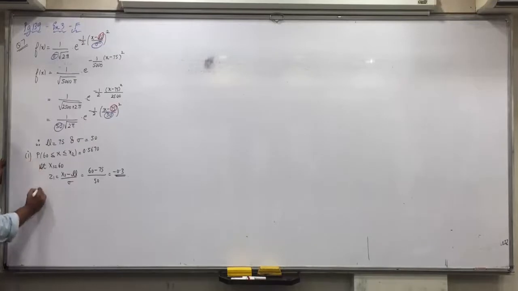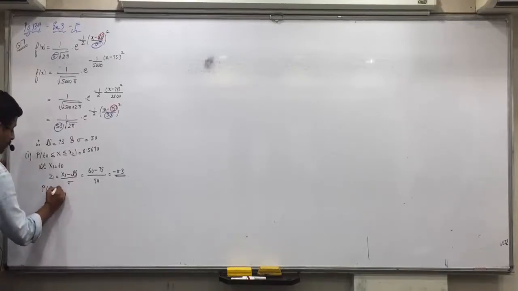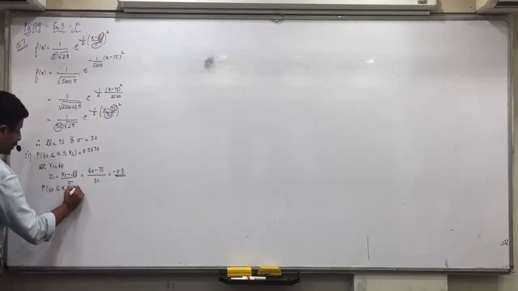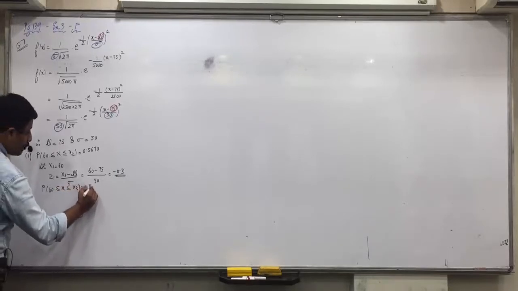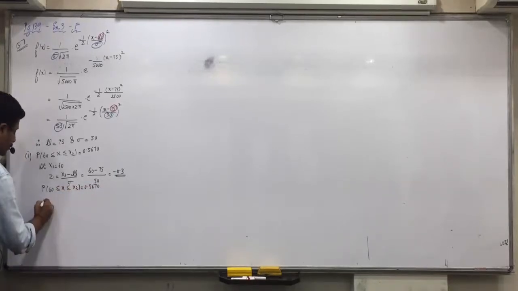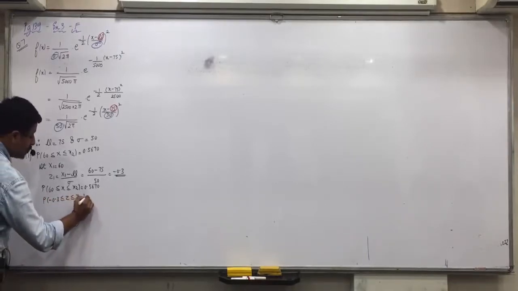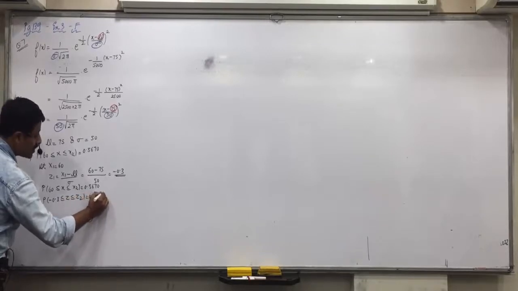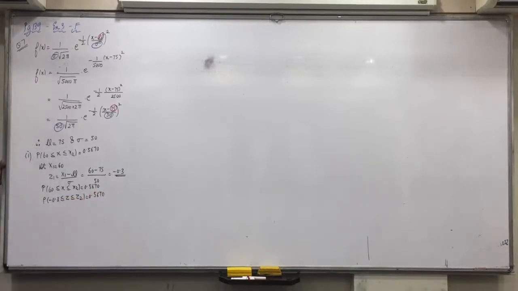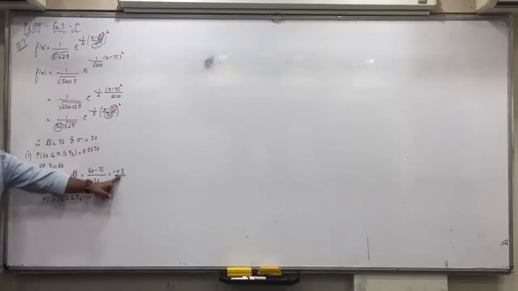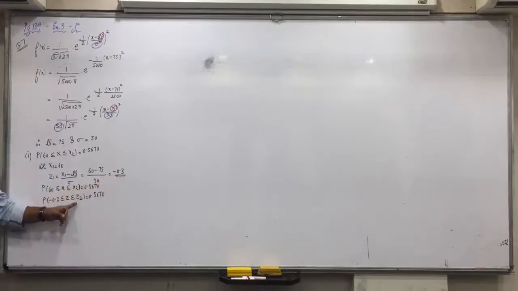Now rewrite this. P 60 less than or equal to x less than or equal to x2 is 0.5670, in terms of z. P minus 0.3 less than or equal to z less than or equal to z2 is 0.5670. Any doubt in this? x1 60 becomes z minus 0.3, x2 becomes z2. Right, everyone?